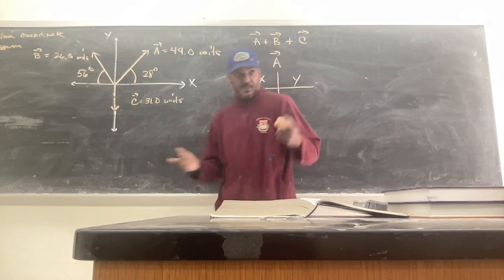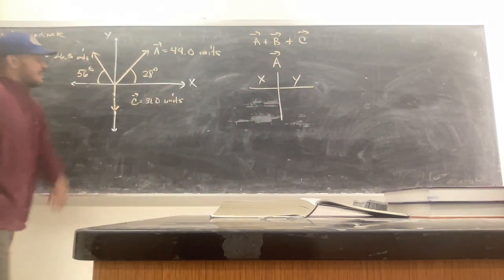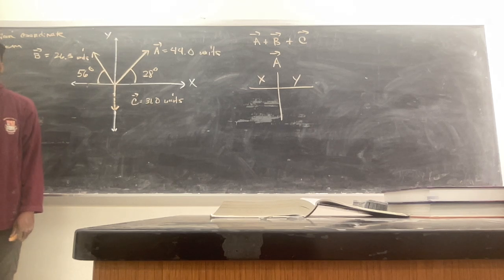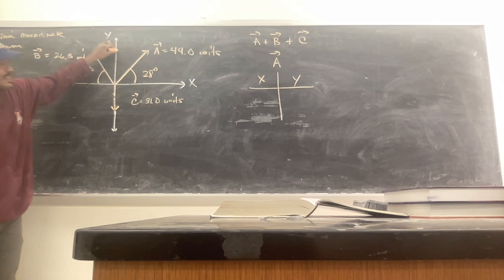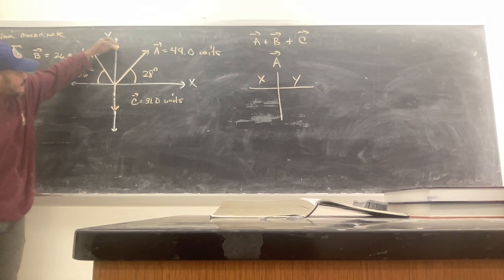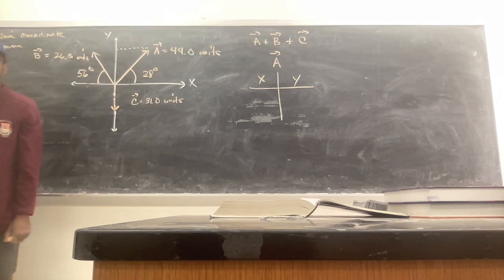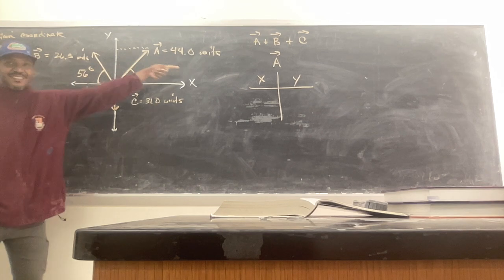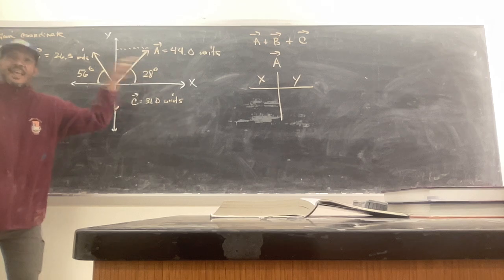Direction and magnitude. Right? So for vector A, where is the x component? It'd be right here, right? Because it tells me from here to there how far the vector A goes in the x direction.